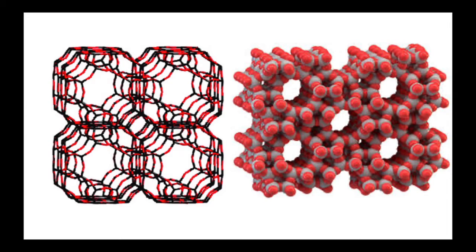So that open porous structure increases the surface area, and just like with increasing rate of reactions by our reactants having larger surface area, having a catalyst with a larger surface area is also going to improve the rate of reaction, as it provides more sites for adsorption onto the surface to happen.